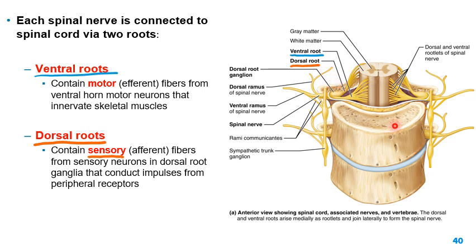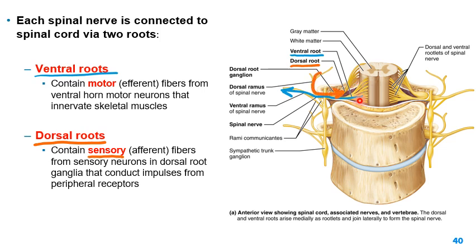Which one is the front and which one is the back? If you look at the vertebral column, at the bone, the ventral root is going to be closest to the ventral side, and the dorsal root is going to be more to the other side. Okay, hopefully that will make sense.